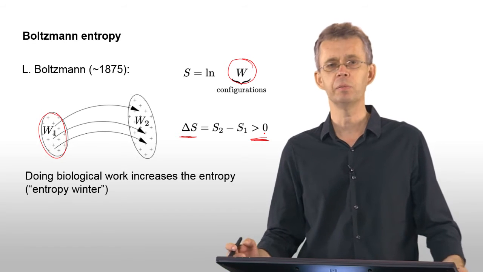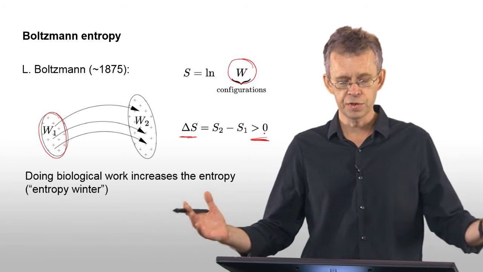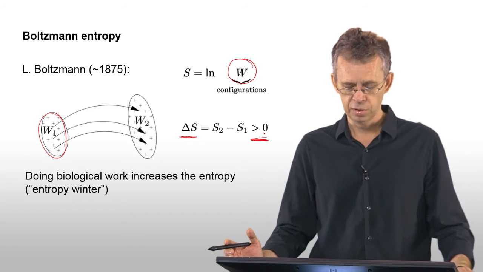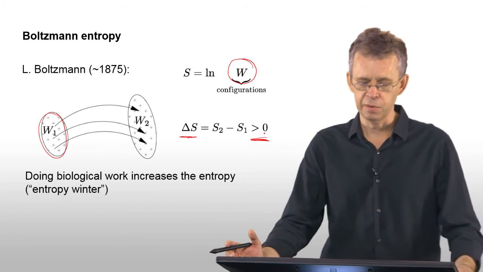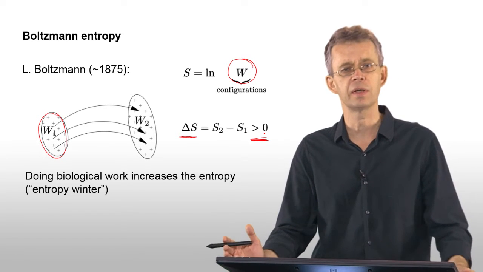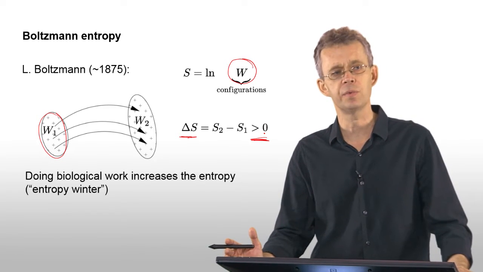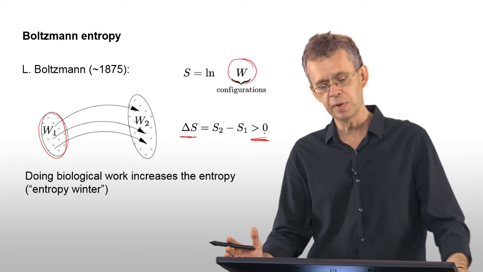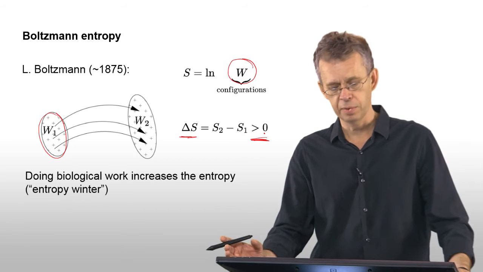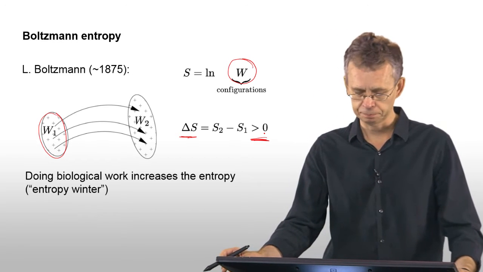Essentially, we are getting into a completely disordered world in which nothing can ever exist. So the question is, why does it not happen? We of course see in biology around us quite remarkable structures which reproduce themselves, and it means they do not go to this entropy winter predicted by Boltzmann.